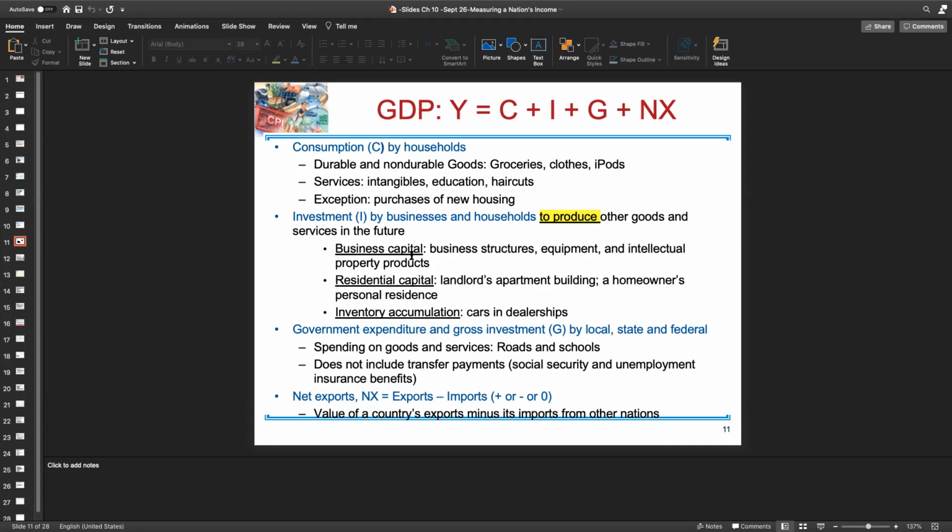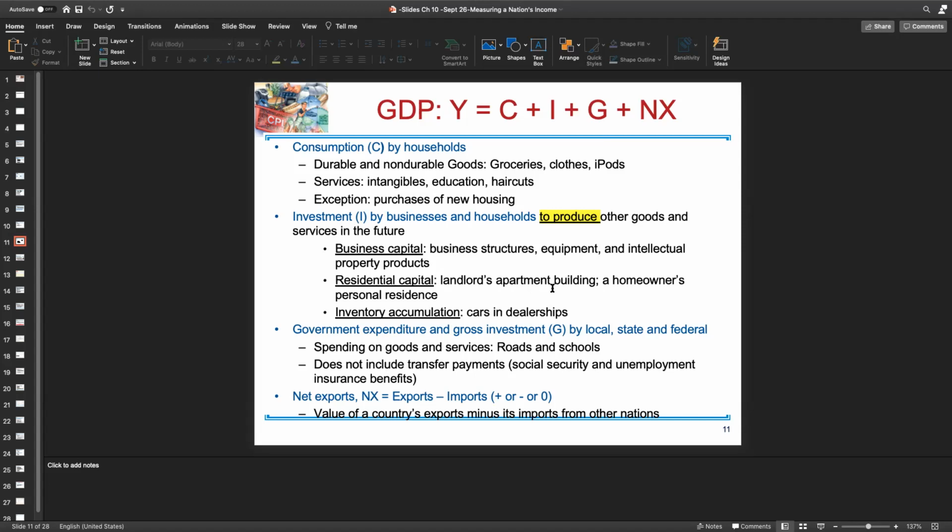Such as business capital: business structures, equipment, and intellectual property products that you buy for your business because you want to run a business and you need equipment, machines, and computers to start it. And also the building that you rent, as a residential or as a business property, is considered capital.